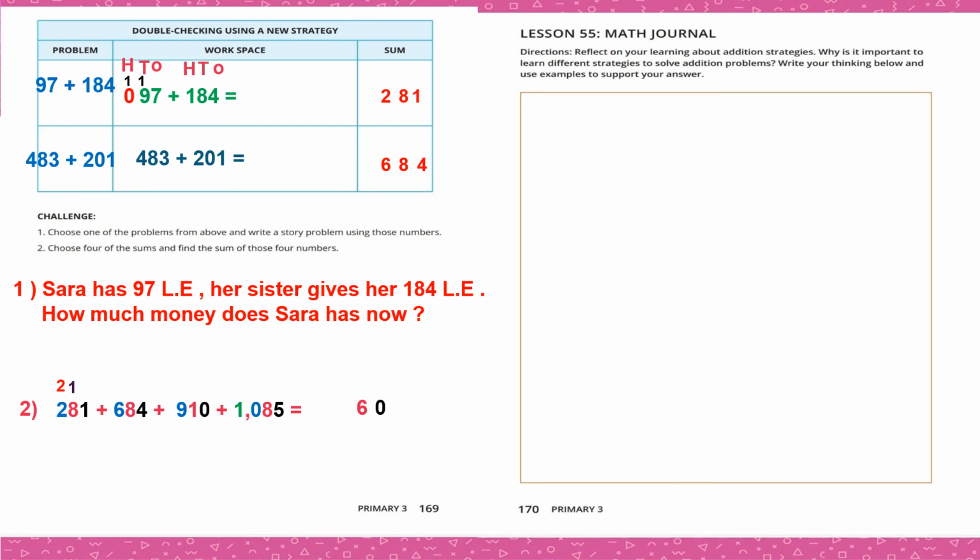Look at the hundreds. 4 plus 6, 10. 10 plus 9, 19. Plus 0, also 19. Put 9 and carry up 1 to the thousands. So 1 plus 1, 2. So the final result, 2,960.